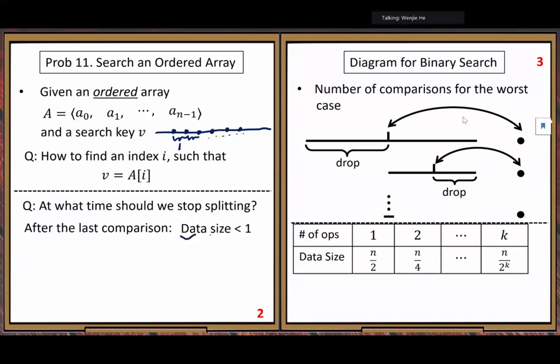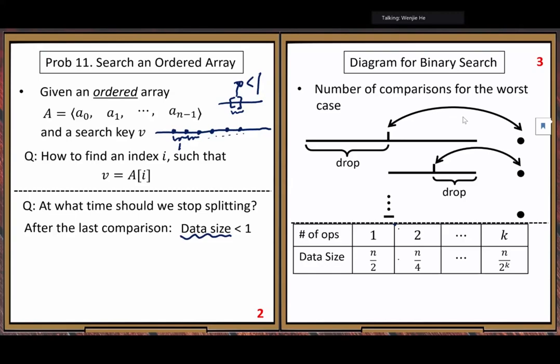But think about it. If your data size, the length of a certain line segment, is less than 1, can we say this subarray can only cover one element at the most, right? In that interval, you cannot cover more than one element.